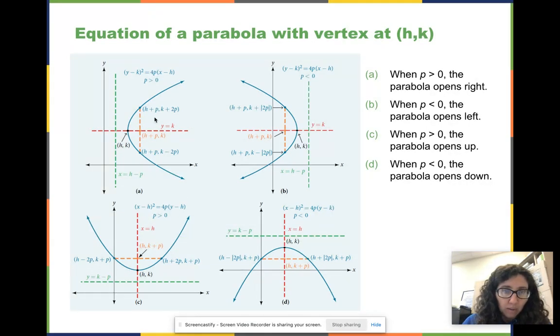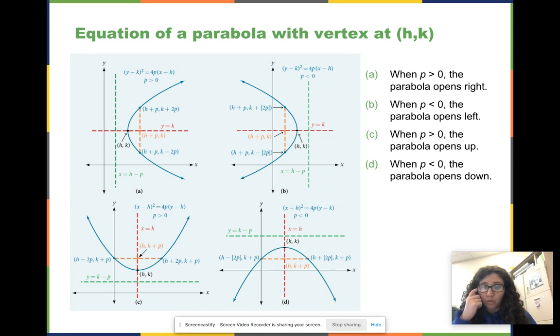Oh, wait, that's supposed to be a k there. But you can see everything's going to be the same, just shifted, right? Our vertex is shifted, so we just go p units this way, p units that way to find the focus and directrix. So our equations get a little more complicated, but the idea is exactly the same.